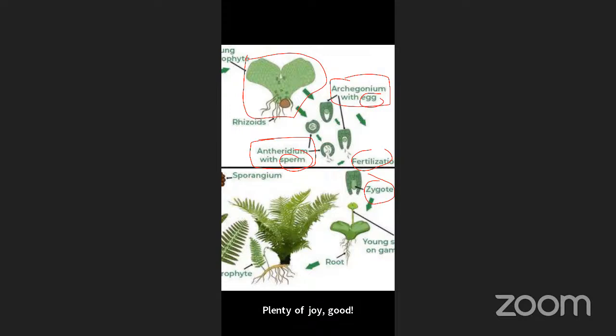Haploid or diploid? Diploid. Now this diploid zygote develops into an embryo. First the embryo develops, and finally this embryo develops into the sporophyte.